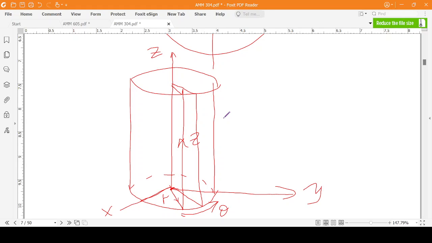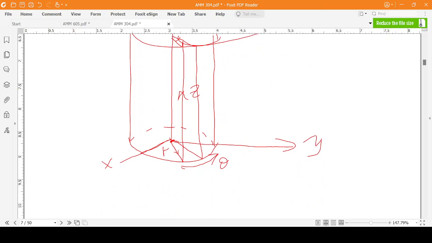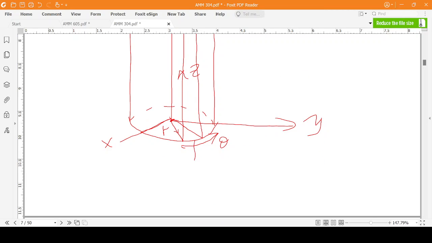This angle here will be delta theta. So the length of the arc here will be R delta theta.